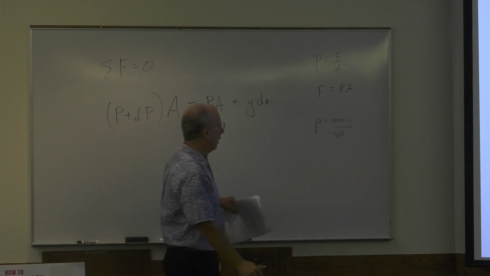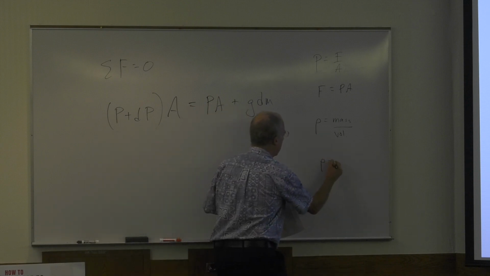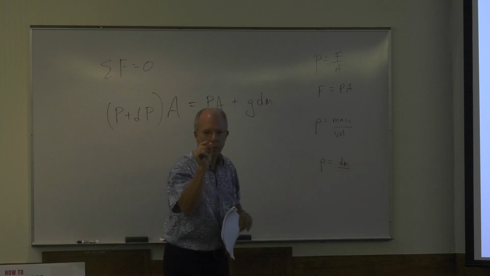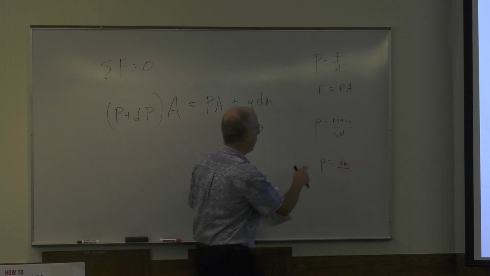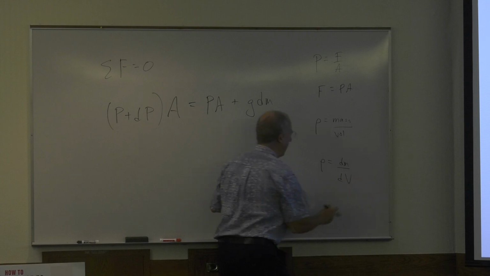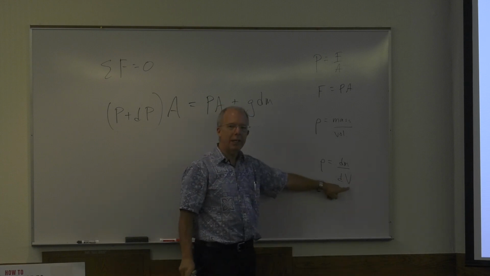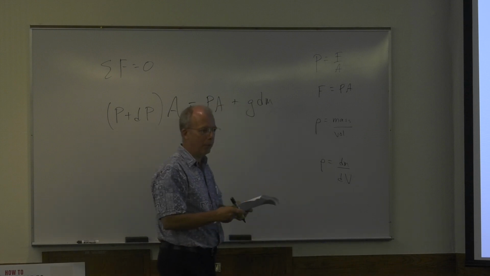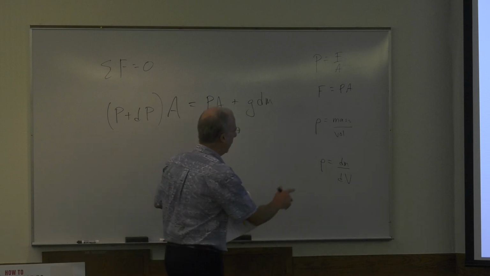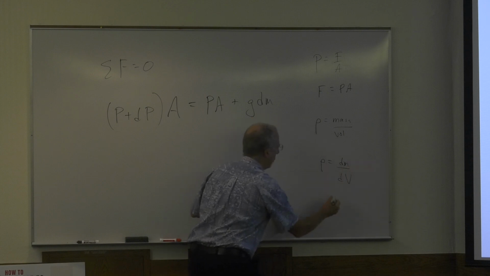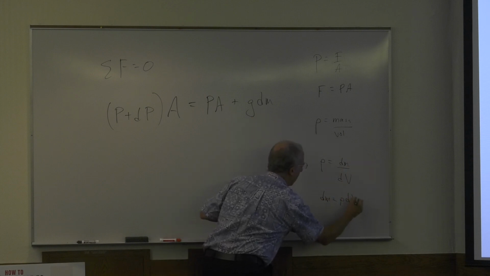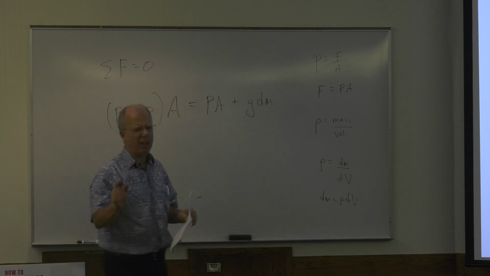So here, the density is the mass, dm, because it's just a tiny little piece of water that we're looking at, over the volume, dV. Now, this is uppercase V. It means volume, not potential, people in Physics 220. Well, therefore, if this is true, then the mass equals the density times the volume.